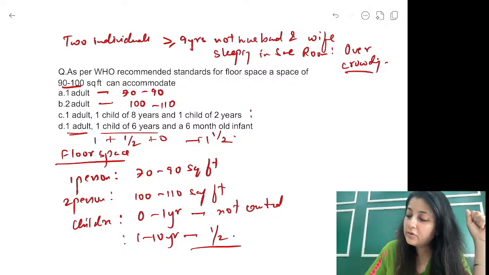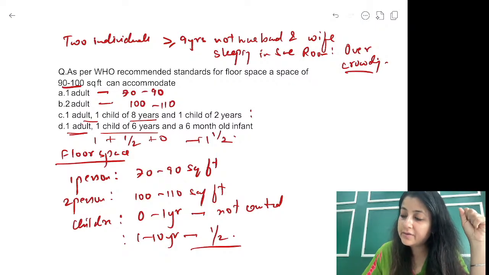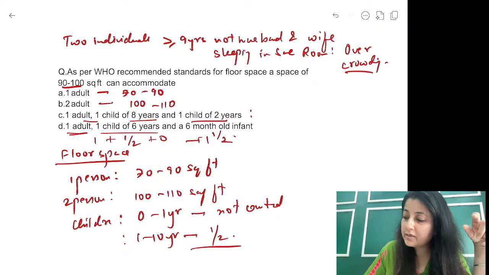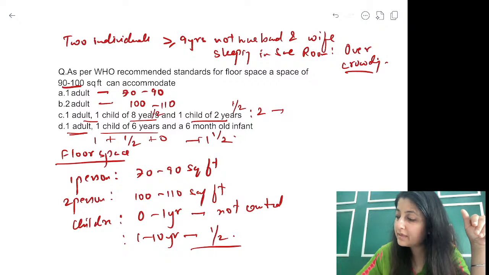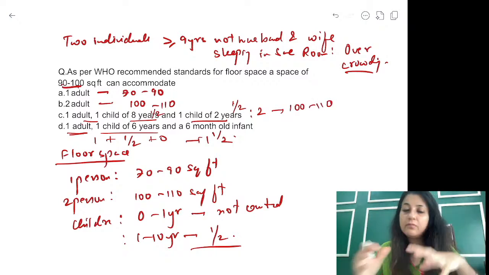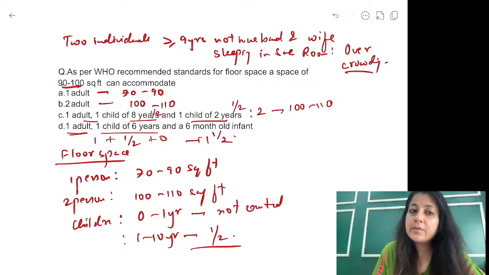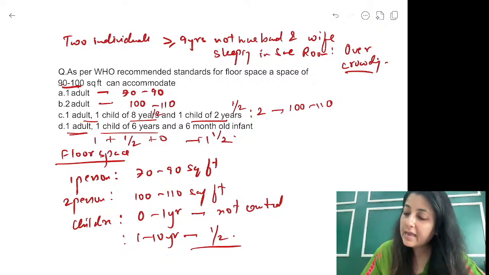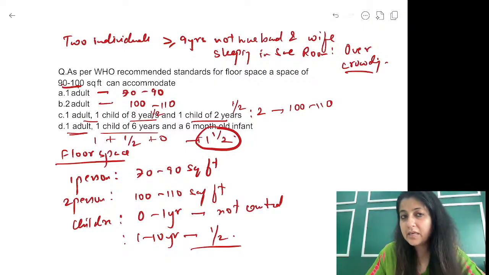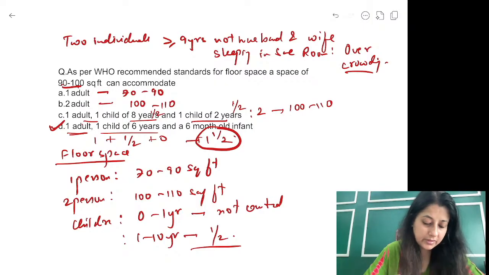In option C, you have one adult, one child of 8 years, half, one child of 2 years, half. So total 2 people, which again needs 100 to 110. That means one person 70 to 90, 2 people 100 to 110. So in between you have 90 to 100, which means 1.5 persons. So your answer is option D.